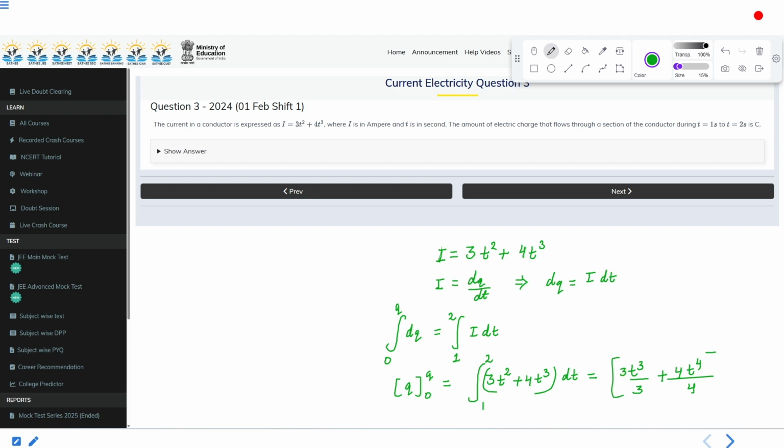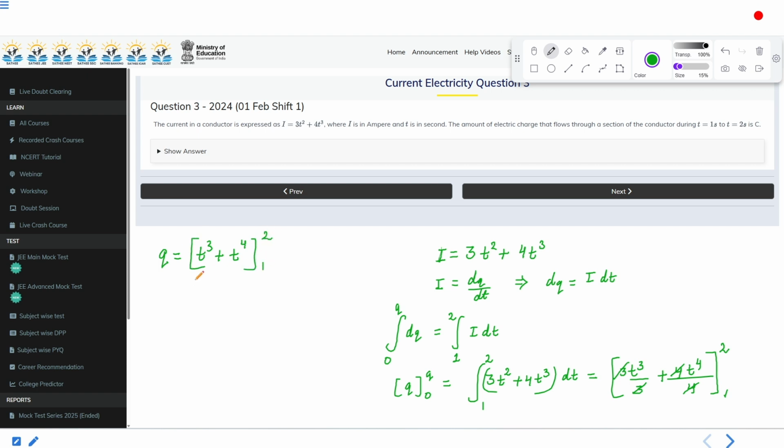This is the value after integrating with limits from 1 to 2. Now after cancelling out 3 and 3 and 4 and 4, and the left side becomes q minus 0, which is q. So q is equal to t cube plus t4.